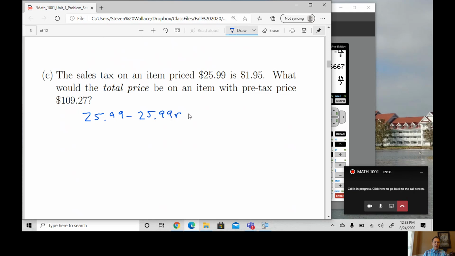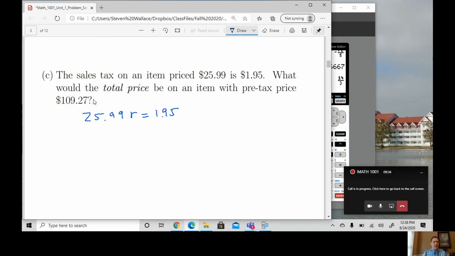$25.99 times the tax rate is equal to, oh, sorry, wait. That's not what I wanted. Hold on. We could say, oops, yeah. The given information is $25.99 times the tax rate is $1.95. And we could find R, right?